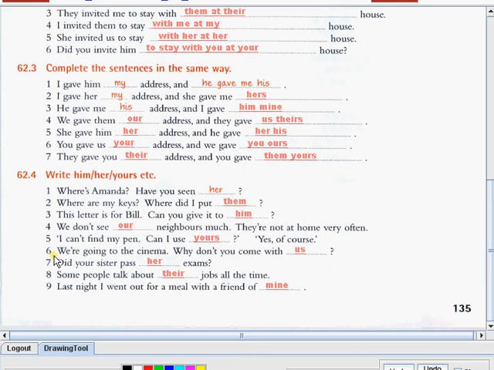6. We're going to the cinema. Why don't you come with us? So the subject here is we. So the object pronoun for that is us. Why don't you come with us? 7. Did your sister pass her exams?